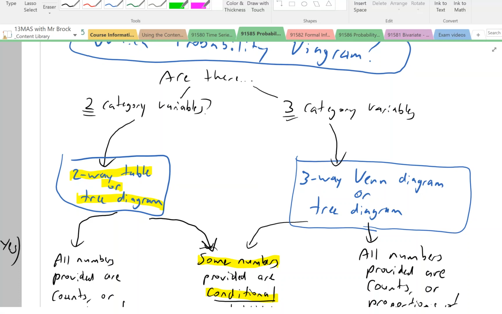So a category variable, remember, is where you put something into categories. Like gender is a category variable, male and female. Your year level at school is a category variable. So whether you're in year 9, 10, 11, 12 or 13 is one category variable. It may have 5 categories in it, but it's still one variable, year level.